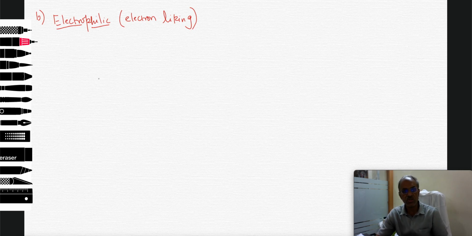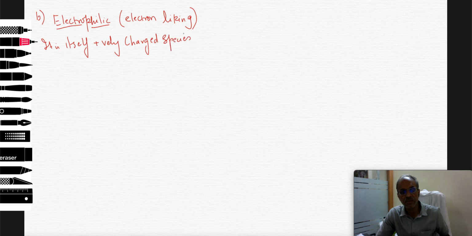If it is electron liking, then it is itself a positively charged species, or an electron deficient center.